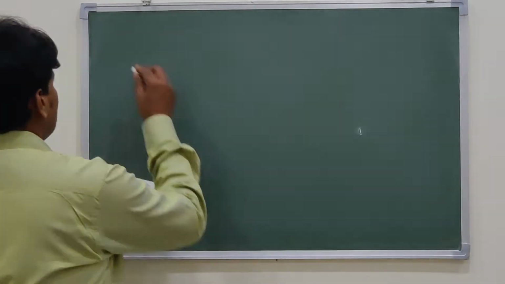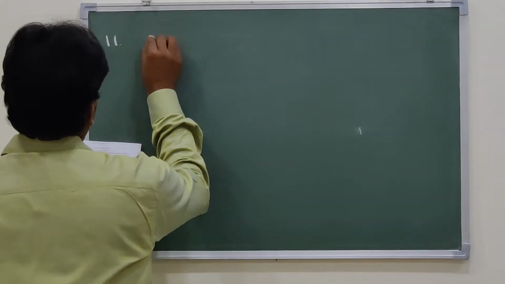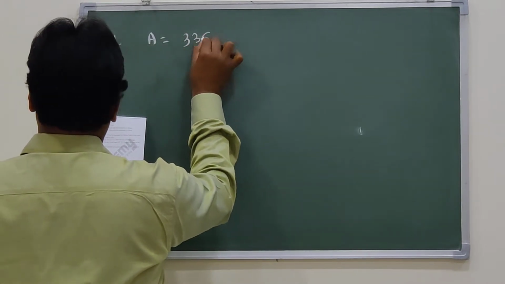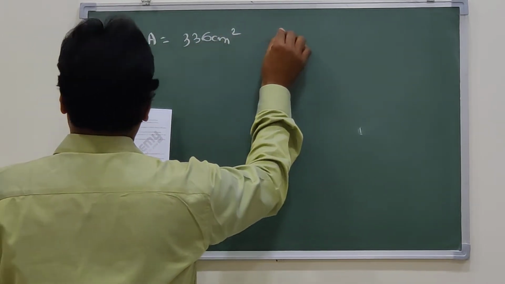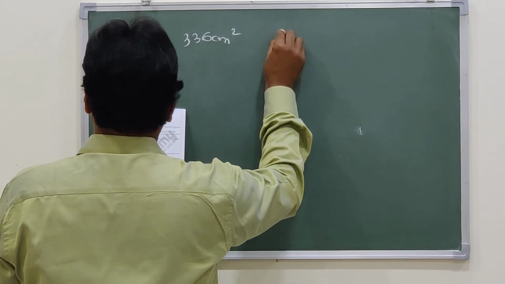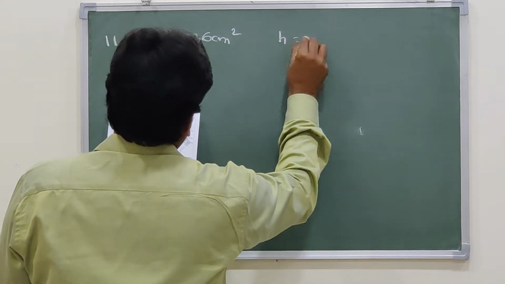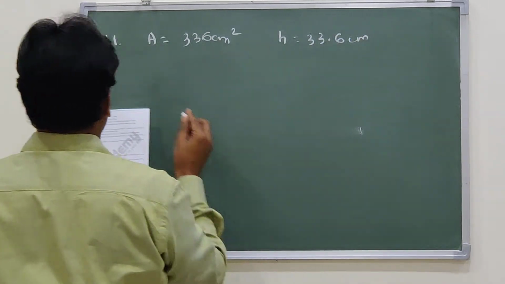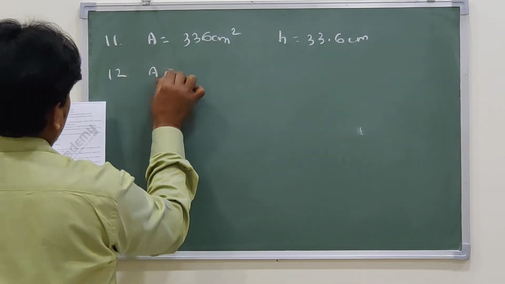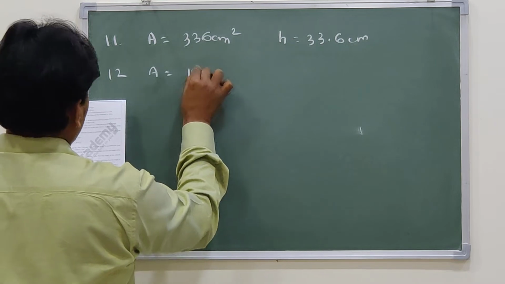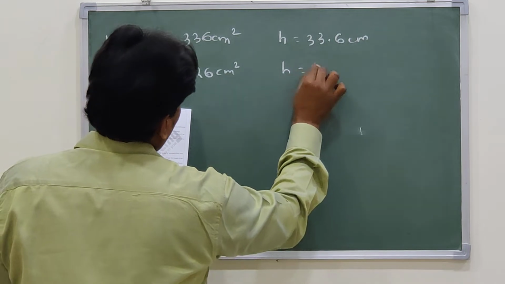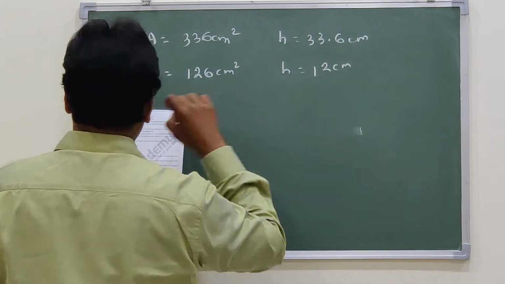starting with 11. The answer for the 11th question was, area was 336 centimeter square and the longest altitude was 33.6 centimeter. For 12th, the area was 126 centimeter square and the height was 12 centimeter.